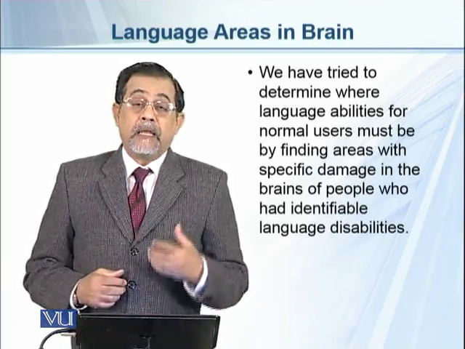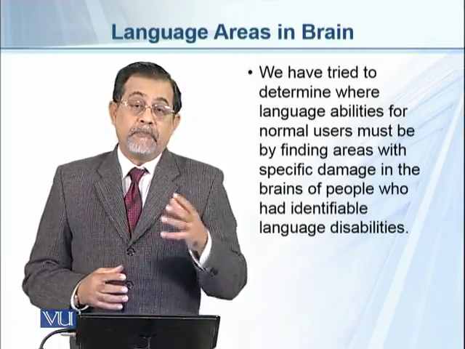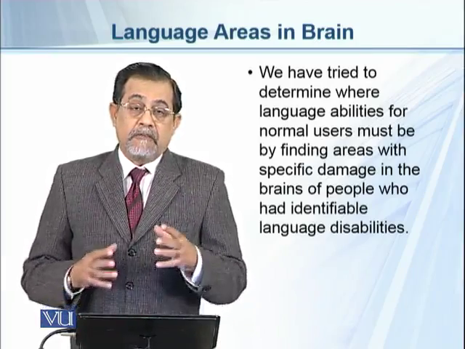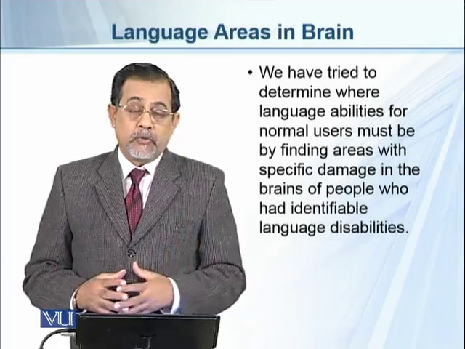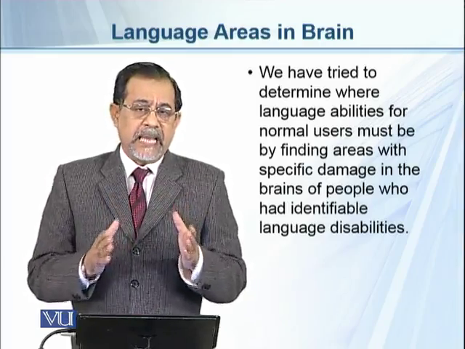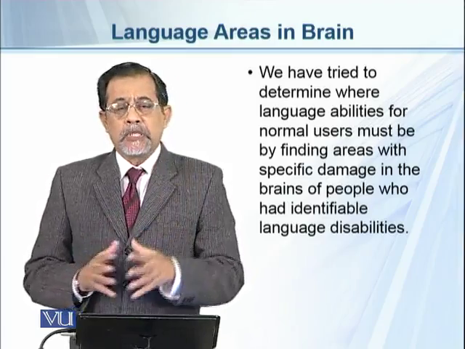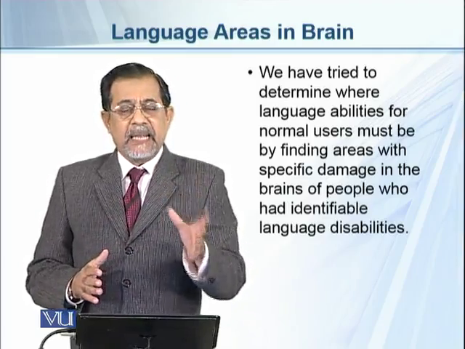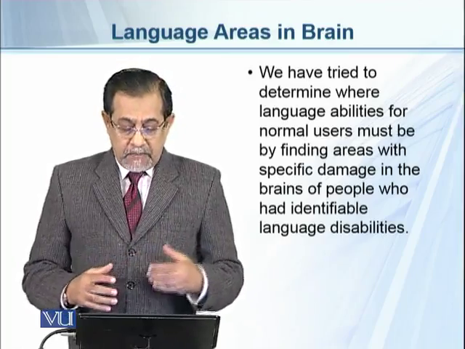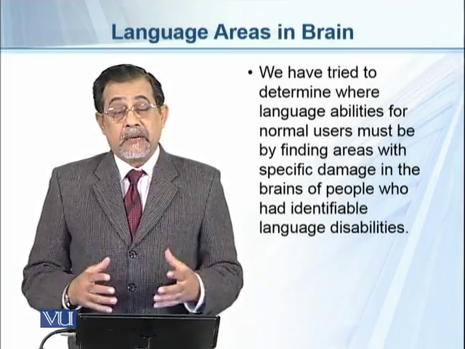By looking into the brains of people with speech disabilities, we've been able to find that these are the areas actually responsible for speaking and listening. This is how we have come to know about the language areas in our brain.